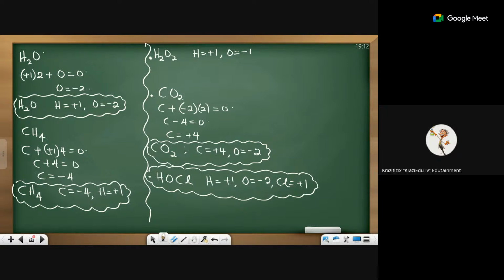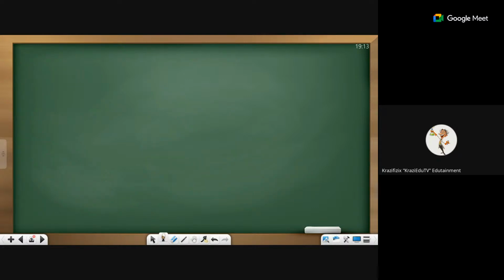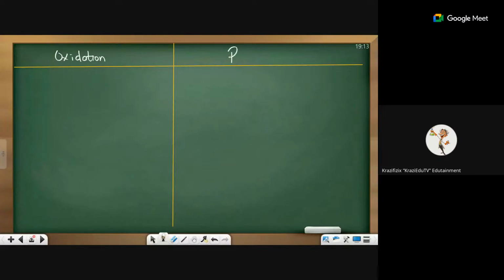All right. Now, let's go look at two keywords. And this is the crux and the peak of the whole lesson. Two keywords: reduction and oxidation. Or what you can call oxidation and reduction.